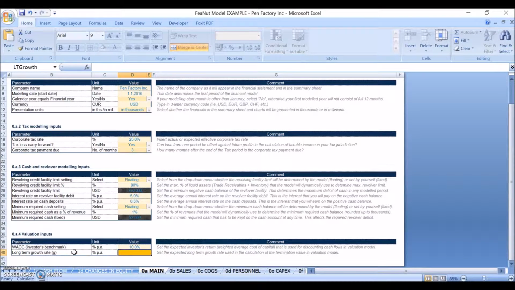And the second one is the long-term growth rate. This is another parameter used in discounted cash flow valuations, because the way this valuation approach works is that it is split into two parts. The first one is the value of the business for the period that we specifically model, so that's these 5 years that we model specifically. But your company will continue to exist even beyond this period.